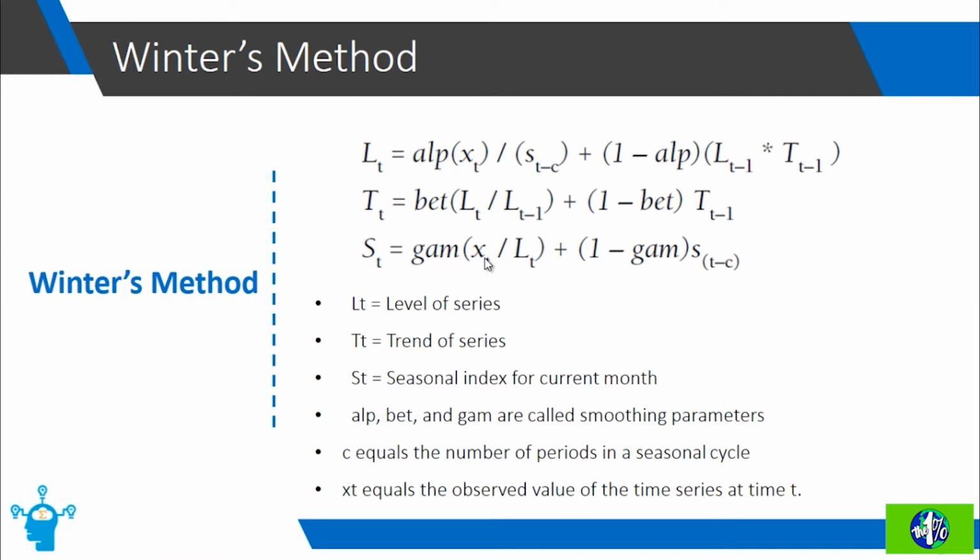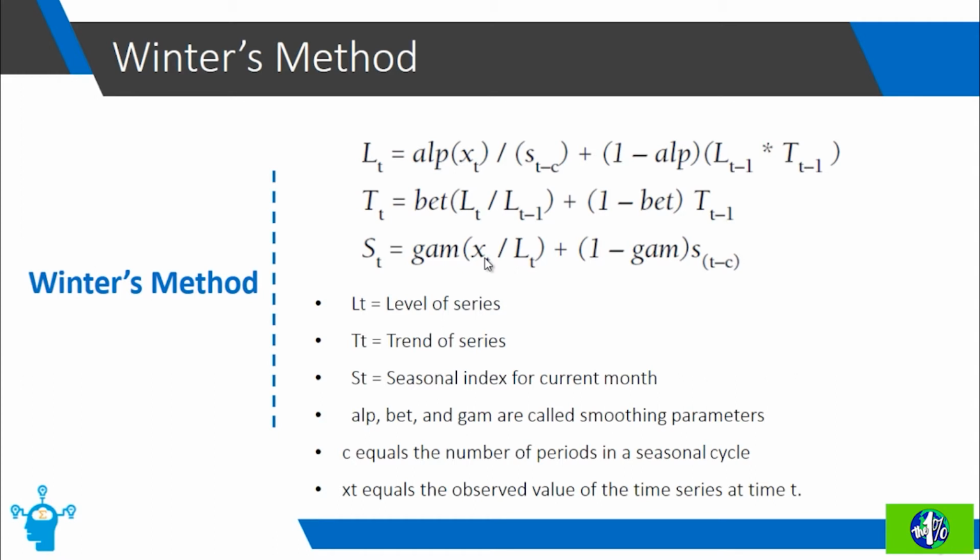So when we go to Excel and apply Winter's method, the first step we'll do is initialize the Winter's method. By initializing, I mean that we need to find the value of L, T and S for the first observation. So this initial value of L, T and S would be found by the multiplicative model that we did earlier.